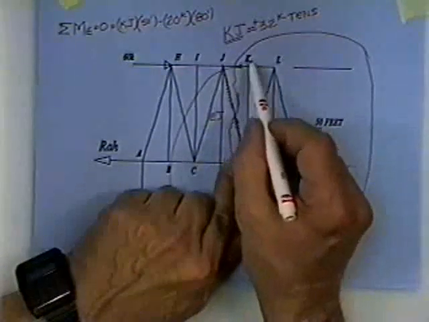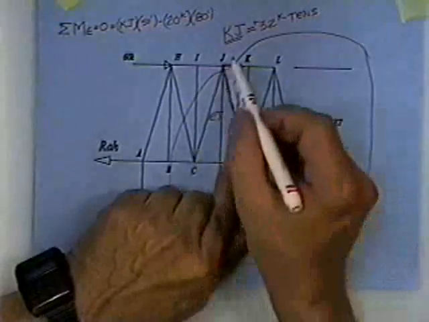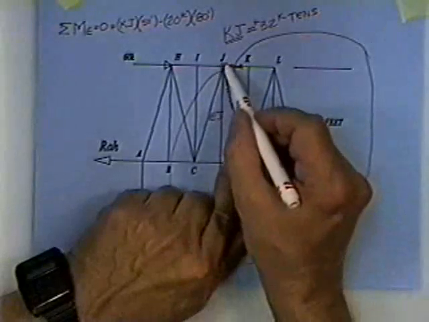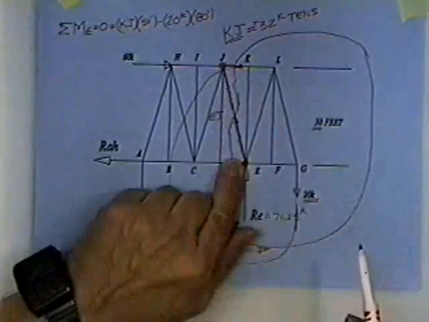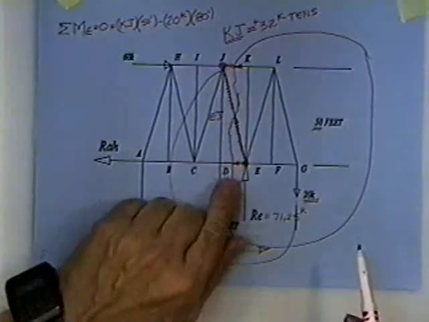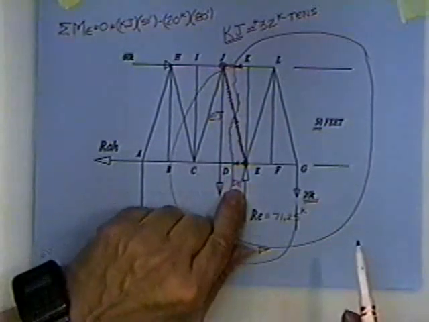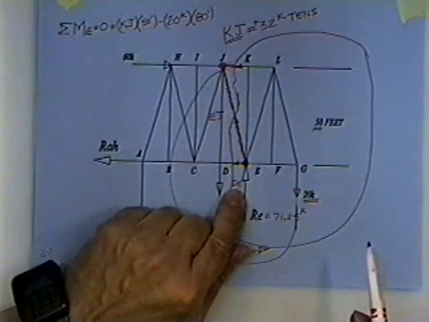I would follow KJ until it went down its line of action where those two people meet to have a beer. That's where I'll sum moments about that point. Then neither one will have a moment arm. Only the guy I'm looking for, DE, has a moment arm, and I can instantly solve for DE.